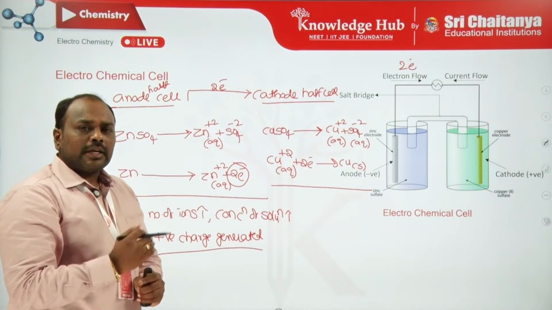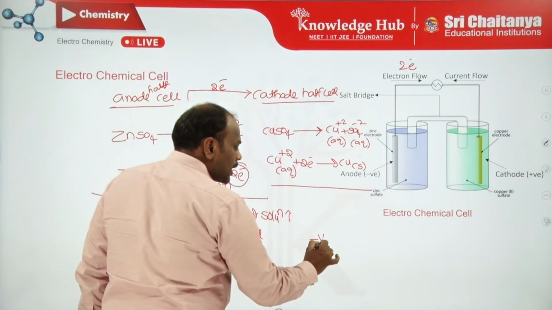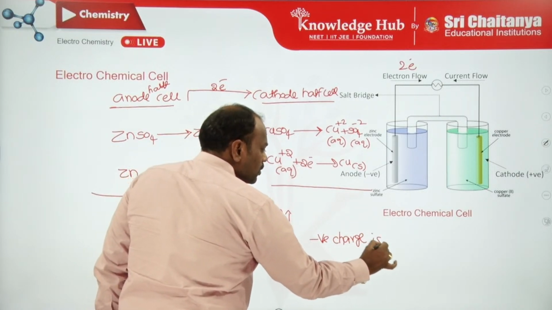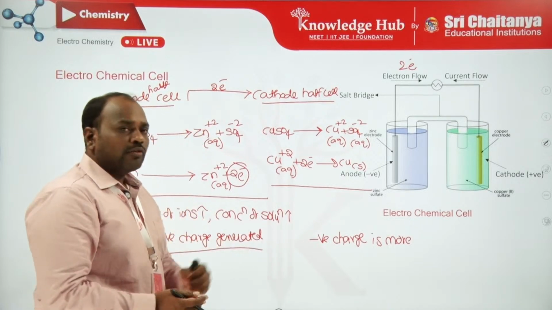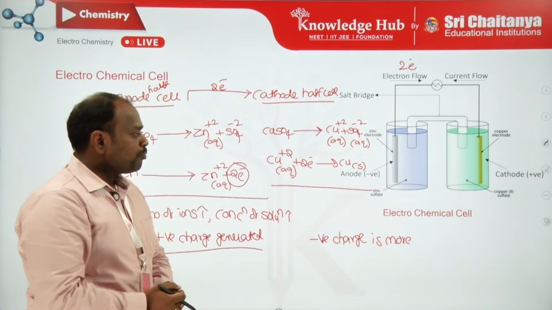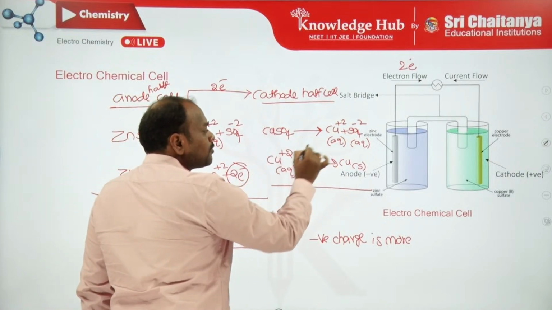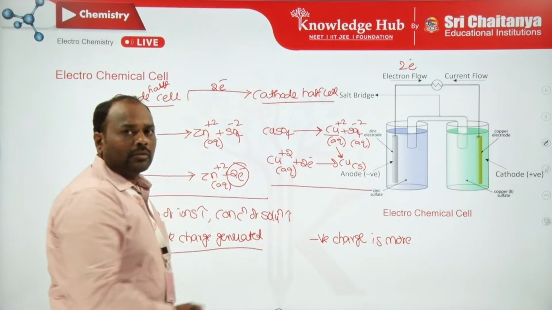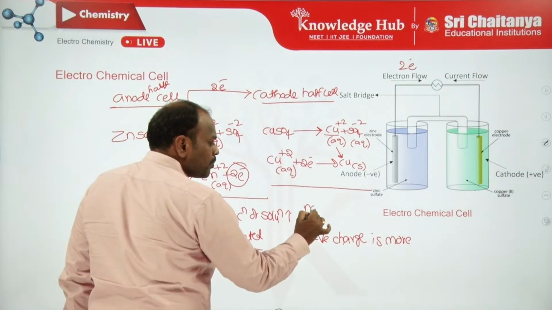Positive charged ions decreasing means indirectly negative charge is more. In the right side of the cell, which charge is more? Negative charge is present on the right side. And what happened? The number of ions also decreases because copper ions are converted to which one? Solid form. Ions decrease.